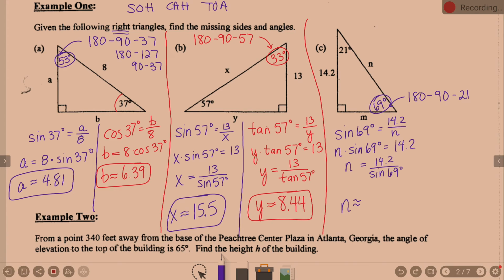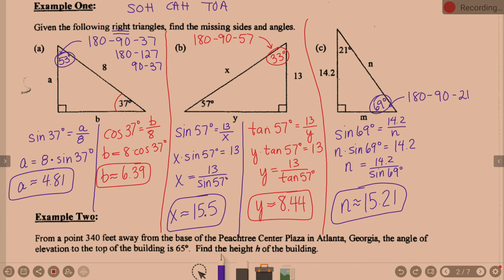Mathematically, what does n come out to be? What did you guys get? 15.2. I have 15.21 written down, but yep.